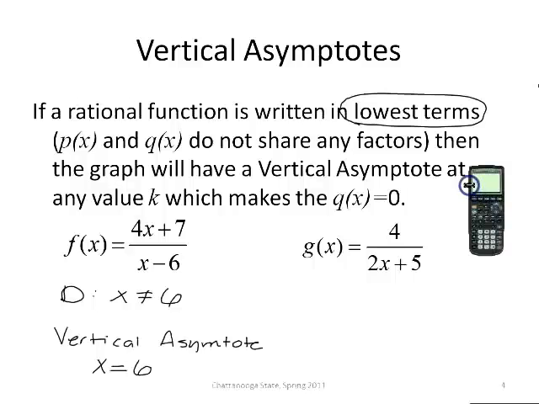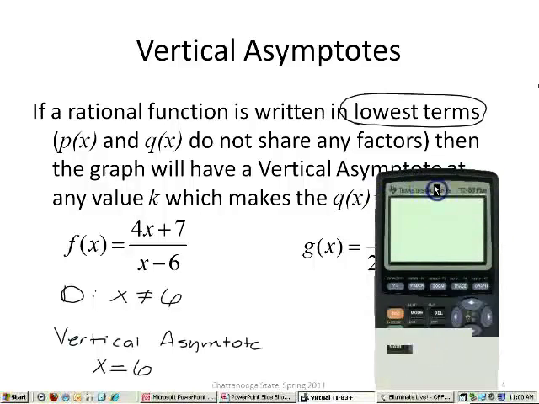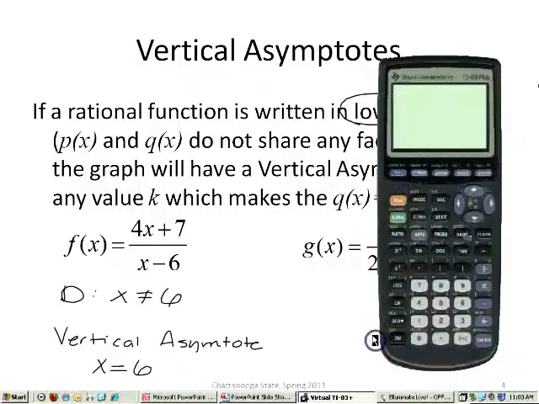Now I want to look at that on the calculator. I want you to look at the graph so you can see the asymptote. Here I have the graph of (4x plus 7) divided by (x minus 6). Notice that I had to put the numerator in parentheses and the denominator in parentheses.